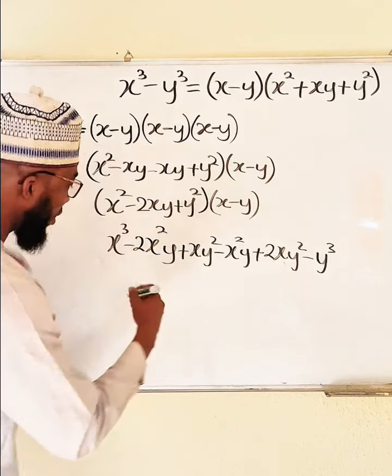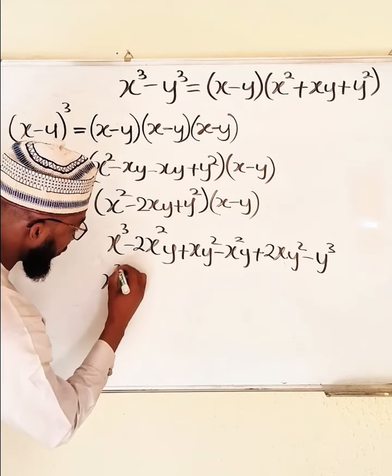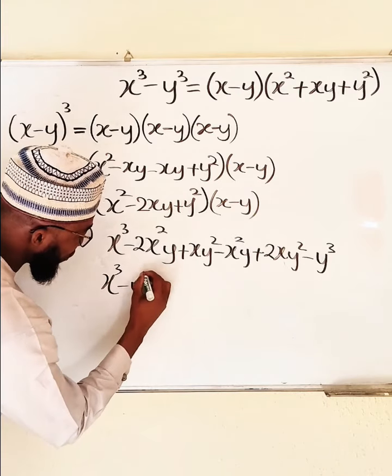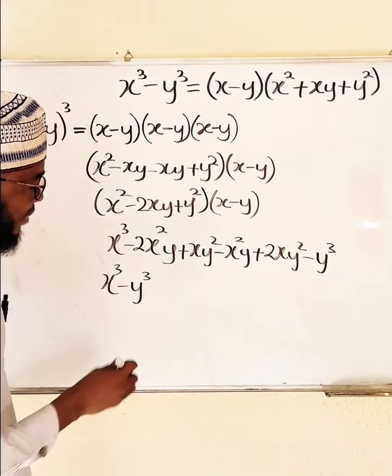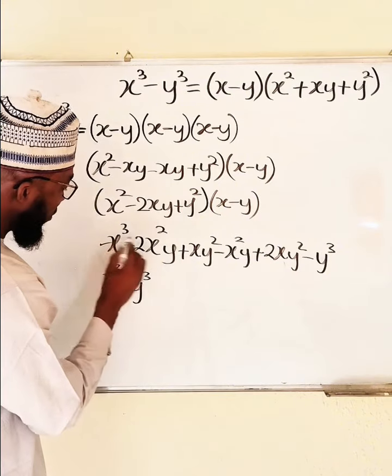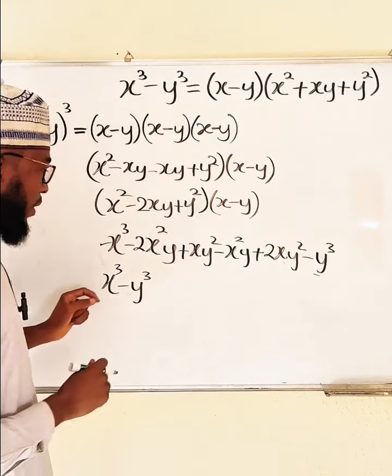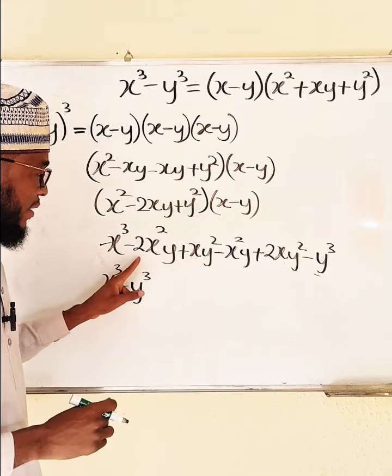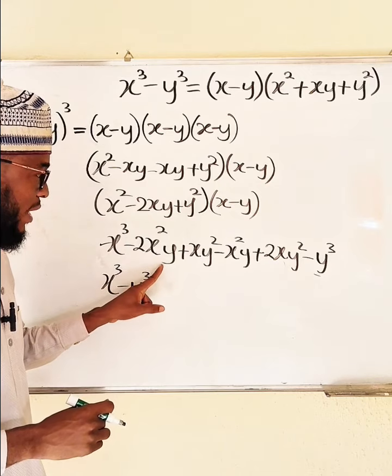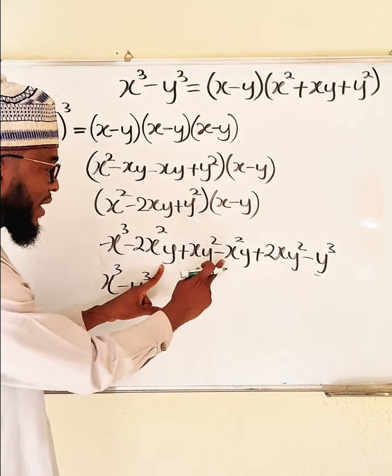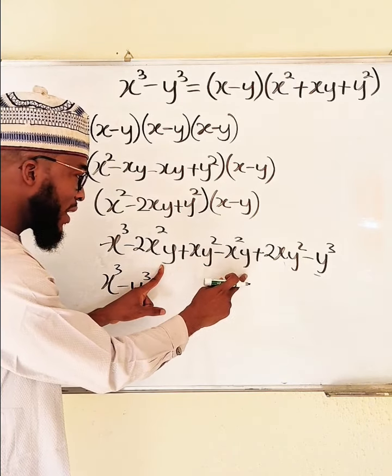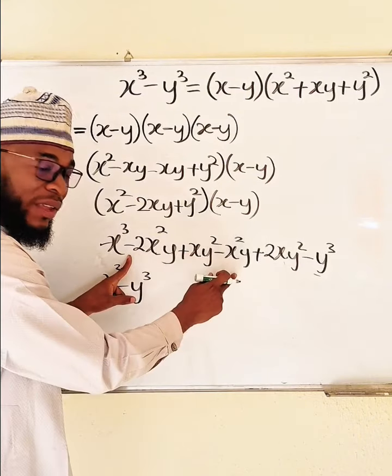So let me bring them together. We have x cubed minus y cubed. Do we have like terms here? This is gone already. This is gone. We have negative 2x squared y here and negative x squared y here. This is negative 2, this is negative 1.